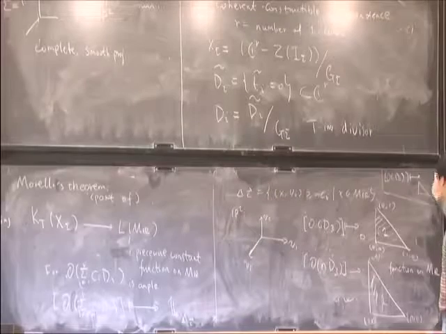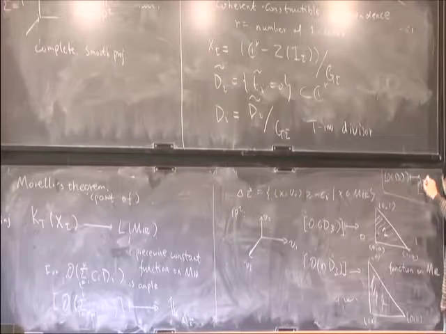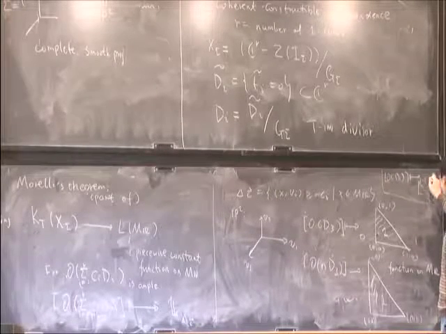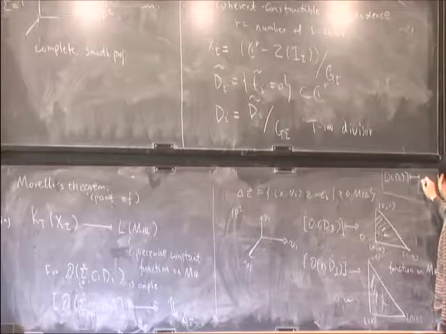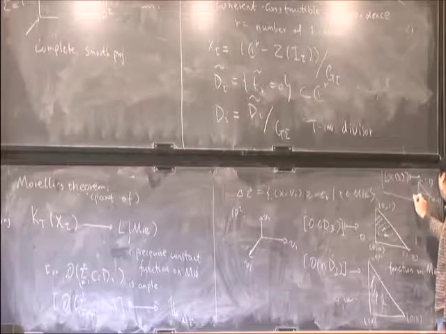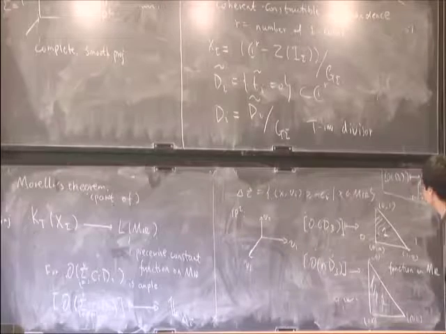And for example, if you want O of D1, it maps into here's 0, 0, minus 1, minus 1, 1, and minus 1, 0.